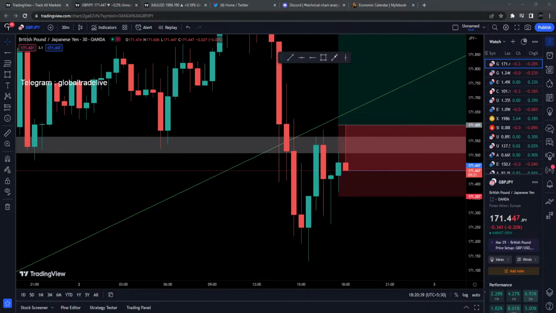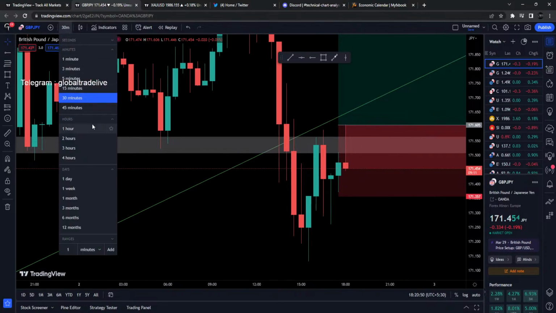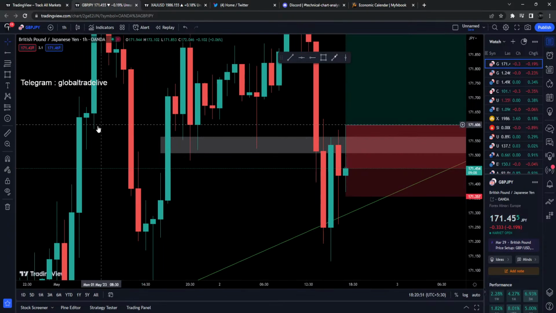Close 50% over here. Now a very small position is running. We have already managed our risk, so let's see how this goes.